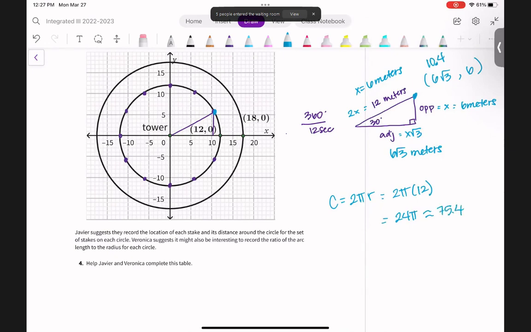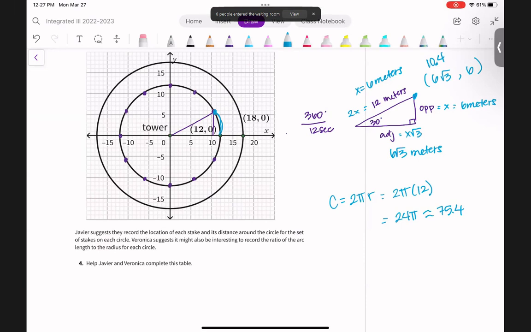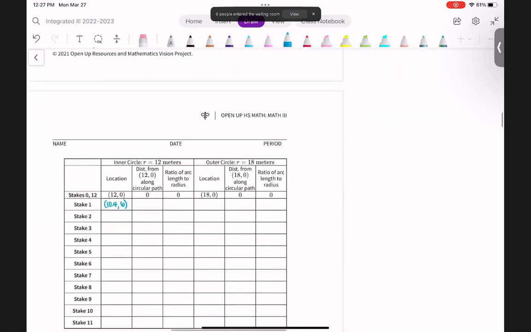And we traveled 1/12 of this. Does that make sense? Because we traveled 1/12 of that, we traveled 2 pi of it. So we can just write 2 pi. Feels funny, right? But that's okay.